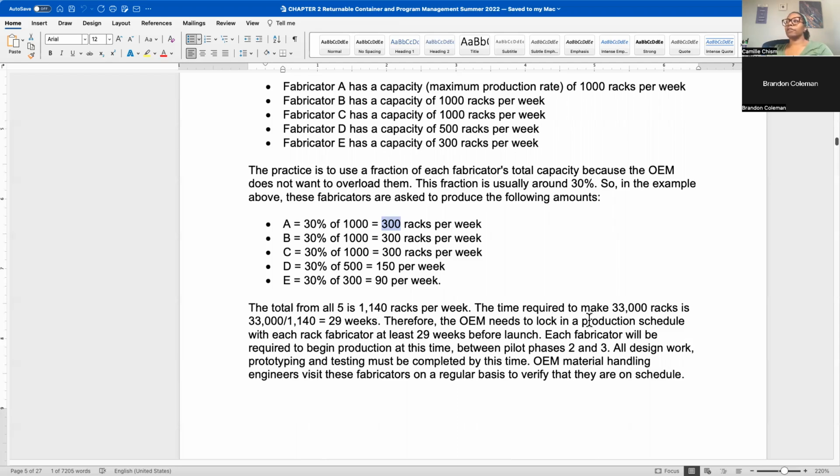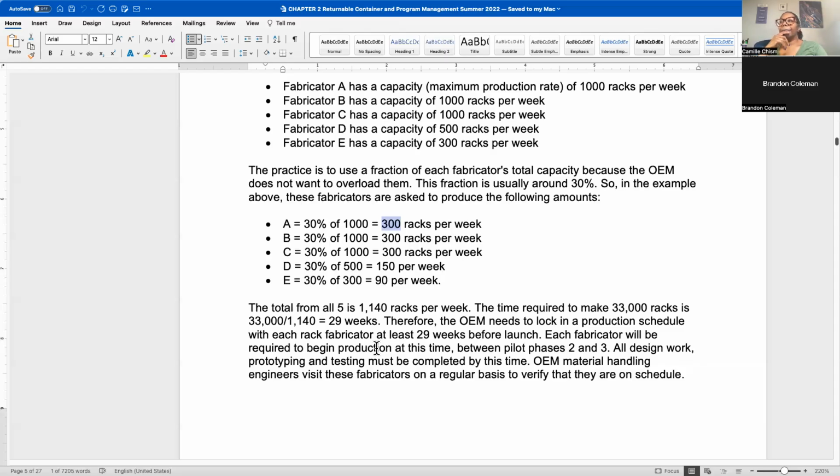So now you're trying to figure out, okay, I have 33,000 racks that are needed. I can only get 1,140 per week from all 5 of my suppliers. So it's going to take 29 weeks. So it's going to take 7 or 8 months to get this done.